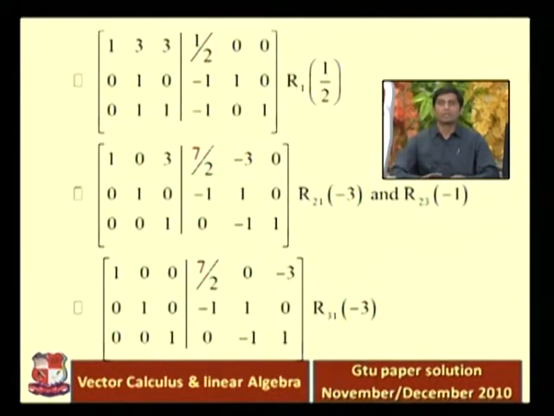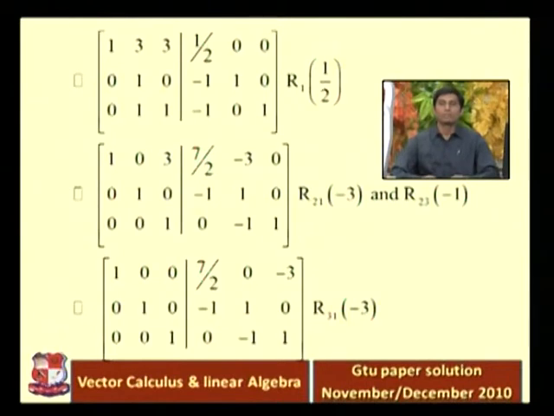The third row and second row stay as they are, and only the first row changes. After multiplying the third row by -3 and adding it to the first row, the first row becomes 1 0 0 7/2 0 -3. The second and third rows stay as they are: 0 1 0 -1 1 0 and 0 0 1 0 -1 1. You can see the left-hand part of the augmented matrix is exactly the identity matrix.